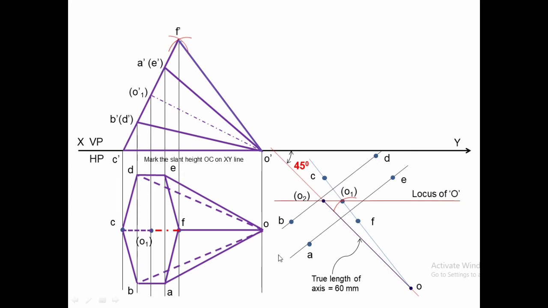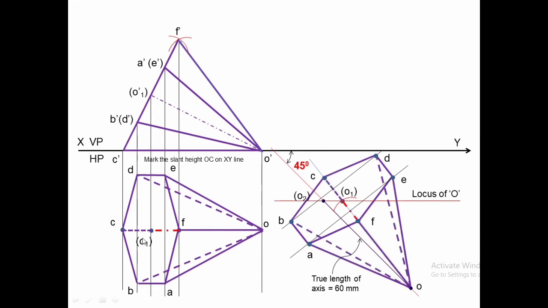Now redraw all the other lines, complete it. Whatever it was there here, it has been reproduced here with respect to this O1. As I said earlier, this angle made will be much more than this 45-degree. This is the inclination of the hexagonal pyramid with respect to VP, where the axis is inclined.